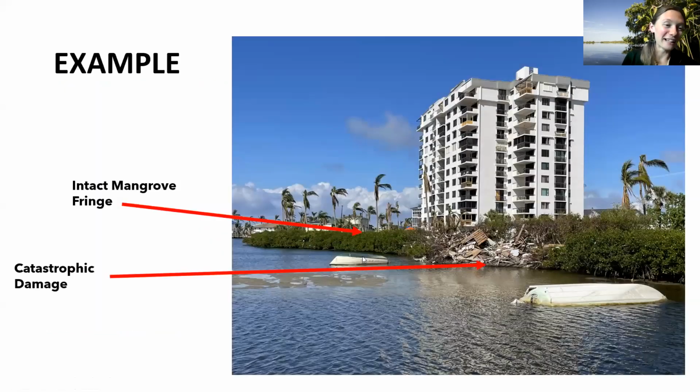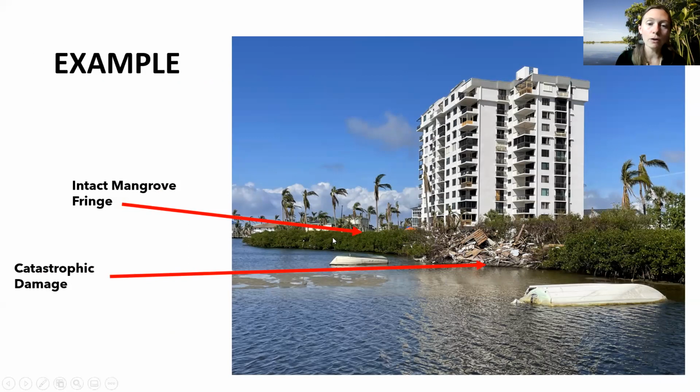Now, I like this example because it gives you an idea of the complexity of these systems when we start looking at these real world scenarios. Here you have an intact mangrove fringe, right? Obviously a trimmed and maintained fringe. You've got condos and stuff over here. So these have been impacted prior to the storm by humans in that they're being trimmed. Here you have now a catastrophic level of damage, right?